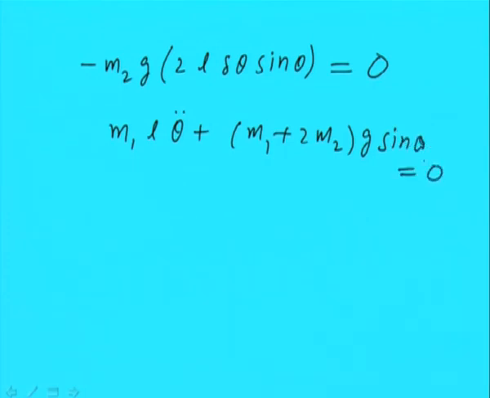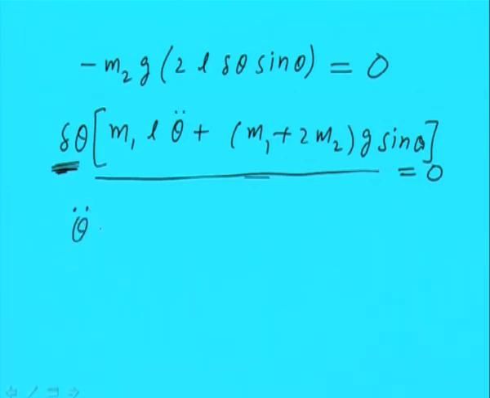and it will be multiplied by delta theta, because this is a virtual displacement. So, obviously, the terms contained in this particular bracket will be equated to 0, and that will give us theta double dot plus (1 plus 2 m2 over m1) g by L theta is equal to 0.